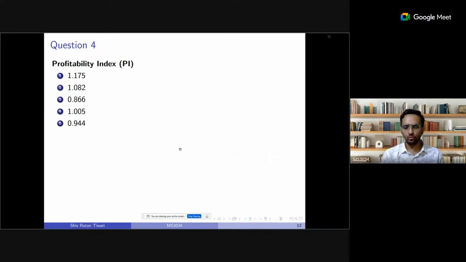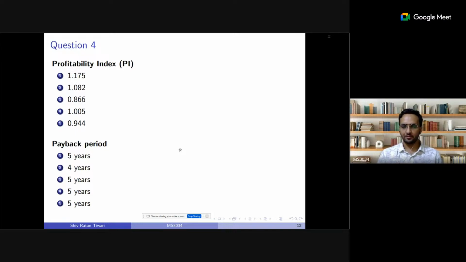And according to the payback period, payback is, in the simplest form, after how many periods you get your initial money back. I think in your assignments there is a question where we use a modified payback rule, where we assume my payments are equally distributed throughout the year.